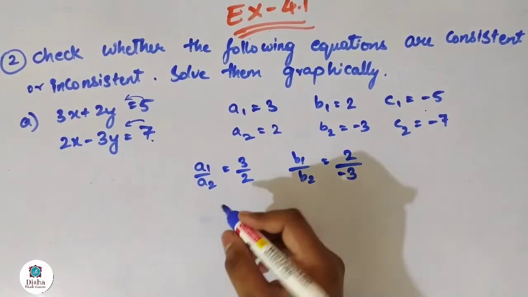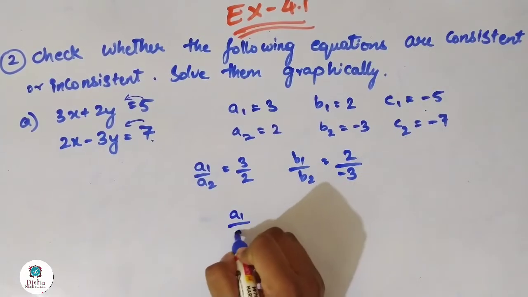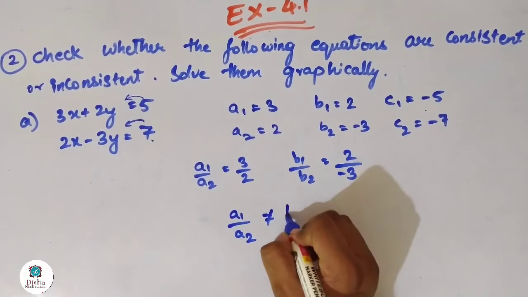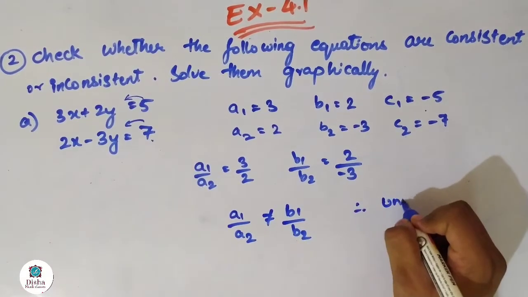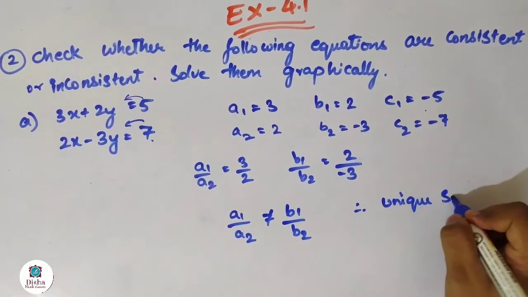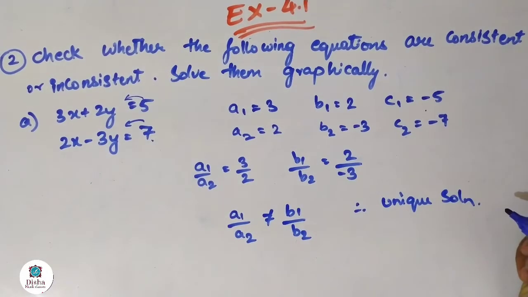Therefore we can say that a1 by a2 is not equal to b1 by b2. Therefore it will have a unique solution, right?